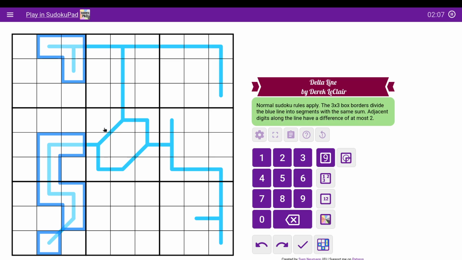Adjacent digits, oh okay, so that rule might force this to be cyclic. Adjacent digits in line have a difference at most 2.